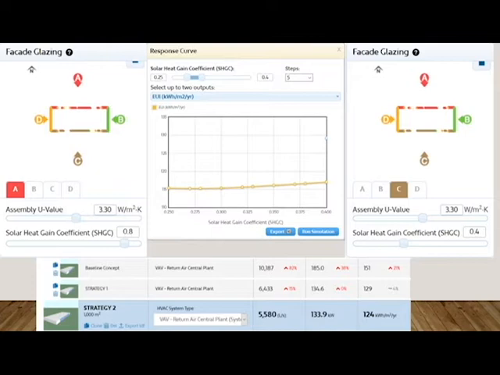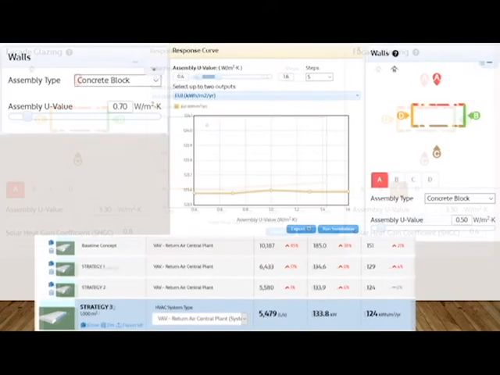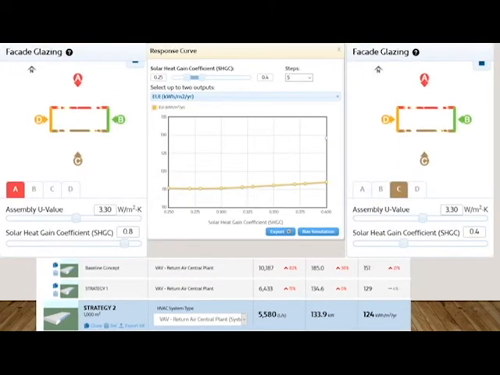And the chart results showed that I can keep the U value at 3.3, exactly the same, and I can decrease the solar heat gain coefficient to 0.4. After these results, the chart showed that the energy usage decreased from 151 to 124.